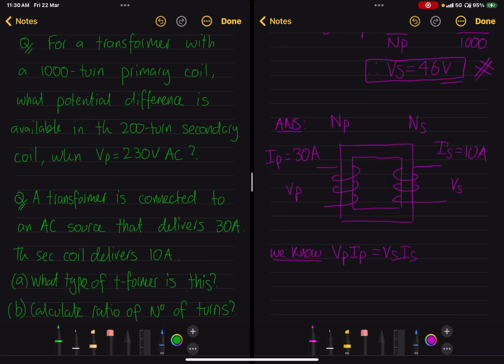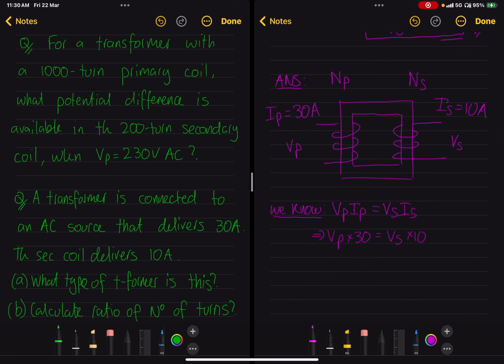Now if we plug in Ip and Is, this tells us that voltage primary times 30 is equal to voltage secondary times 10. If we rearrange this, this tells us voltage primary is 1/3 times voltage secondary. And this means that voltage primary must be smaller than voltage secondary.